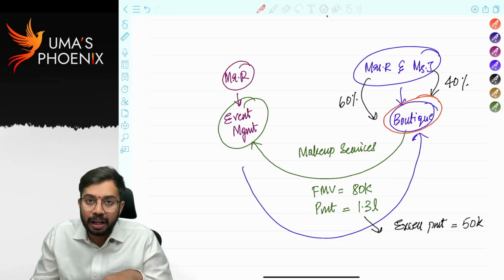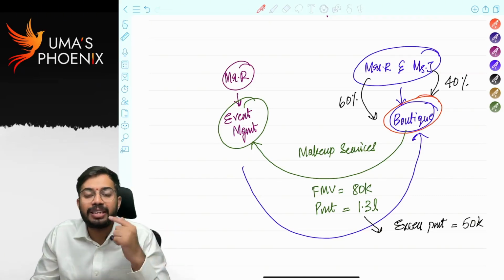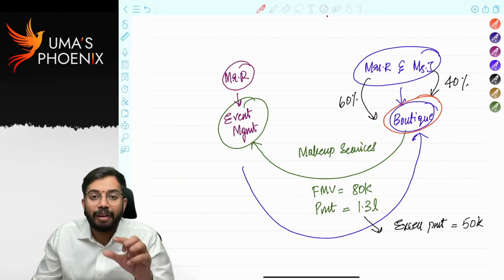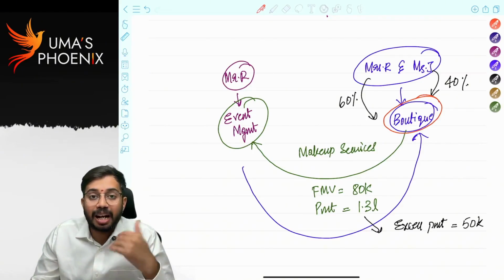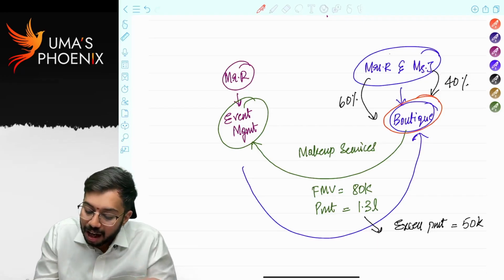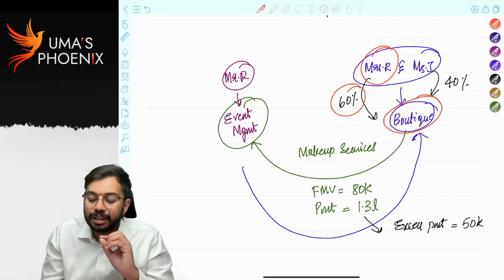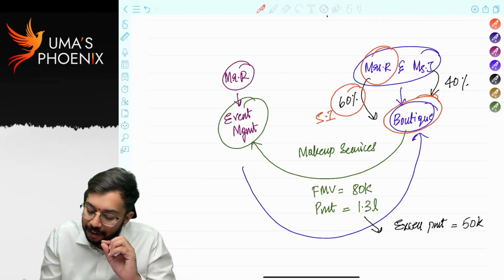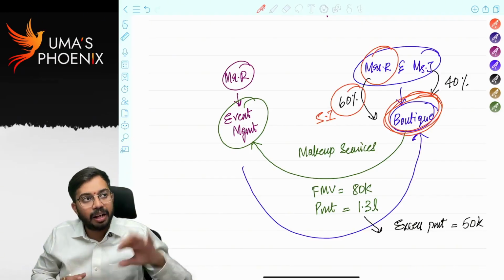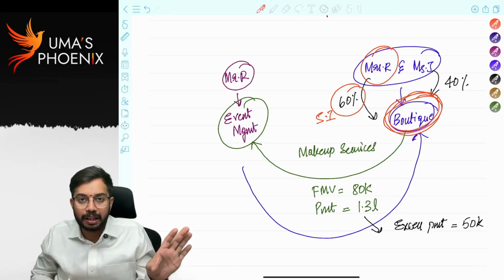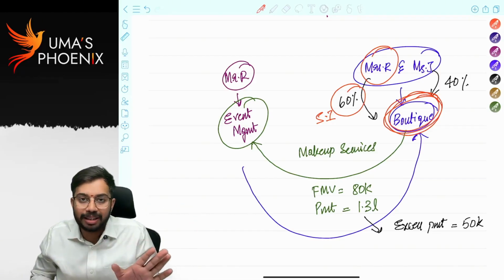See, in the boutique, a relative of the individual is having substantial interest. Wife of Mr. R is a relative of Mr. R, and the wife is having 60% stake. That means the wife is having substantial interest in the boutique business. For an individual, a relative is obviously a specified person. Payment made to a relative is not allowed as deduction.